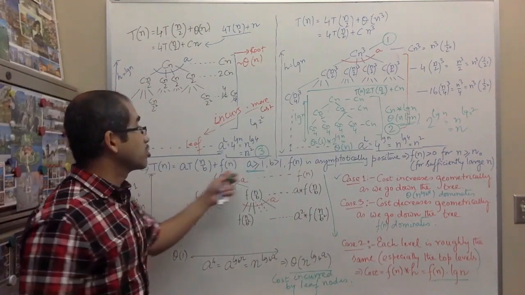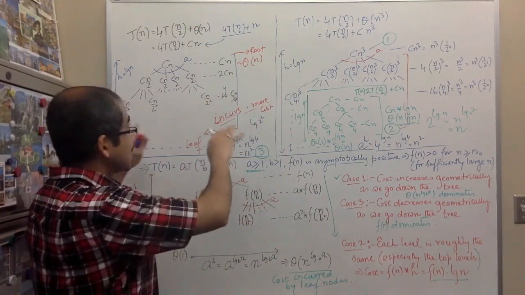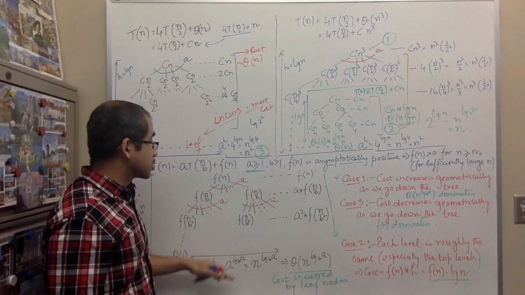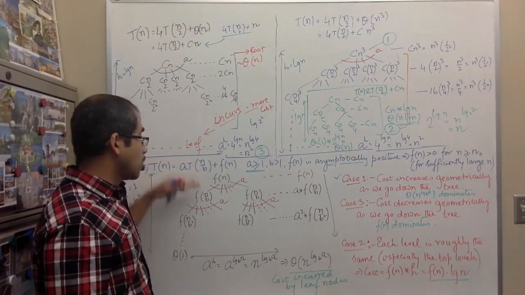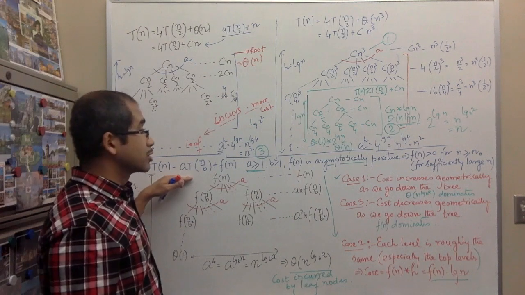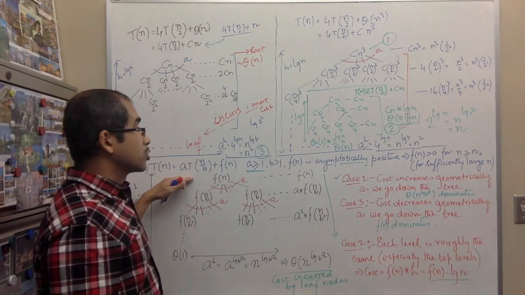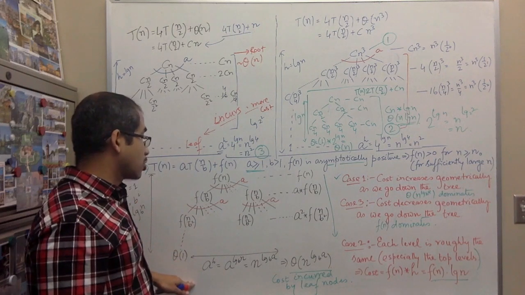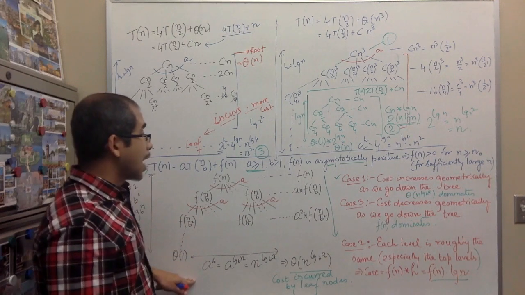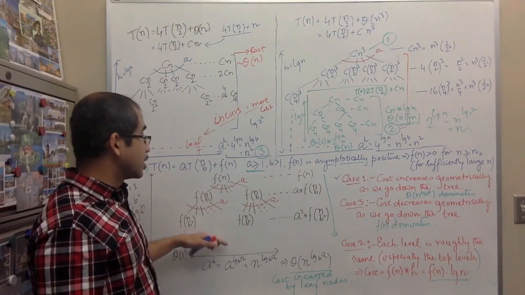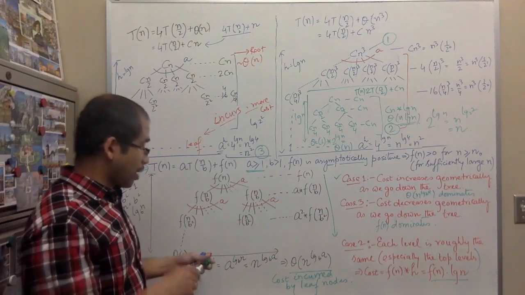I have shown you the proof of the theorem, relating it with some real examples, and shown that in a recurrence relation, either the root or the leaf contributes the major cost. If the root contributes the major cost, that is case 3. If the leaf contributes the major cost, that is case 1. Case 2 is where from root to leaf, every level contributes almost equal cost.